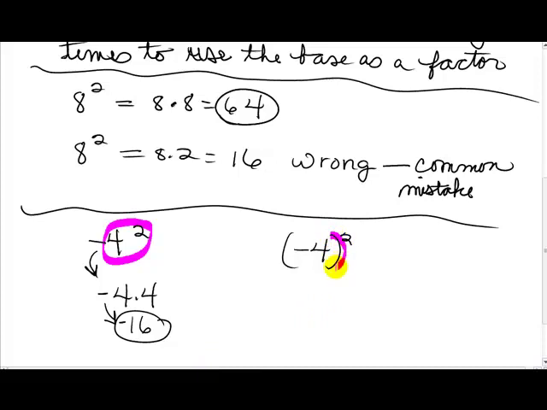Here, the exponent is next to the parentheses, so everything inside is included. So it's -4 times -4, which is going to give me a positive 16.